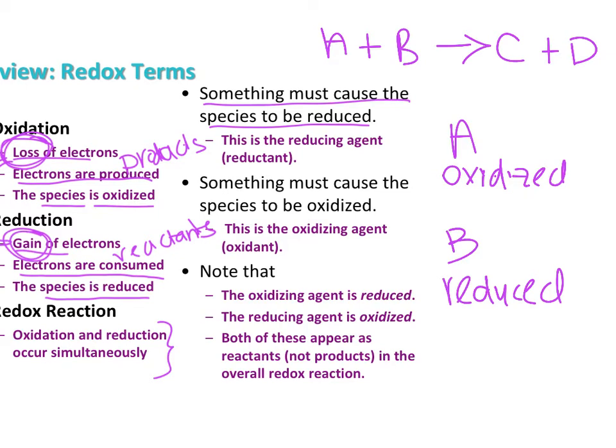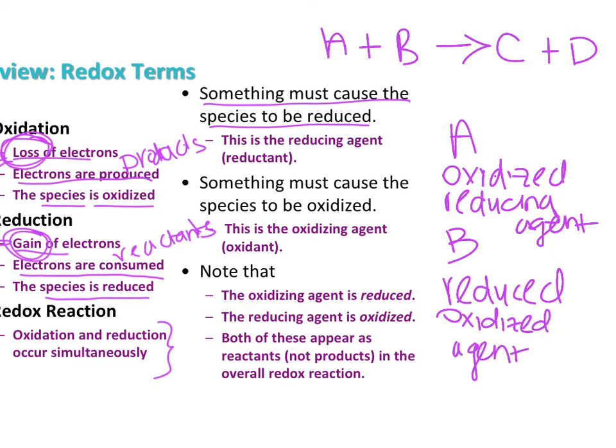By default, once you figure that out, you can say A is the reducing agent, and B was the oxidizing agent. So whatever got oxidized is going to be the opposite agent, and whatever got reduced is going to be the opposite agent, right?